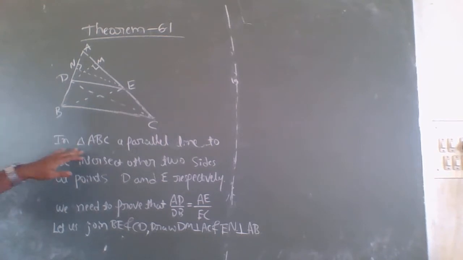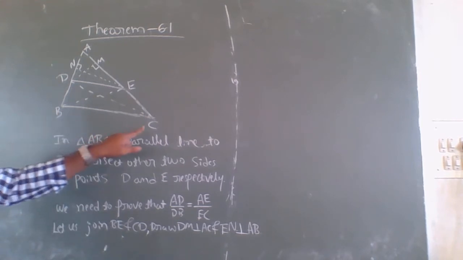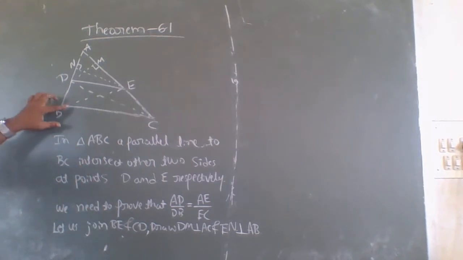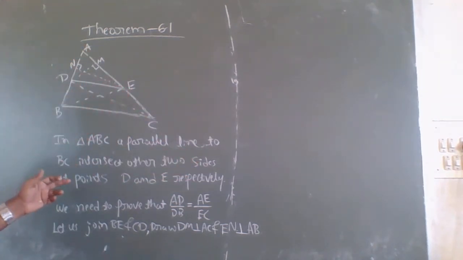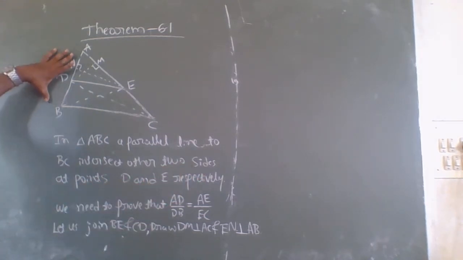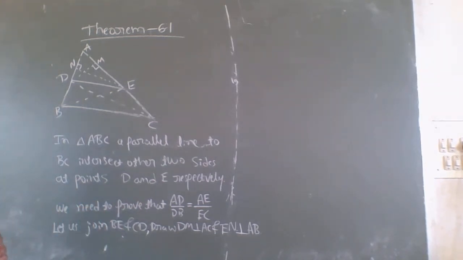So here in triangle ABC, a parallel line to BC, means DE, intersects the other two sides, AB and AC, at points D and E respectively. Here AB is intersected at point D and AC at point E. We need to prove what they have given, that the sides are divided in the same ratio.